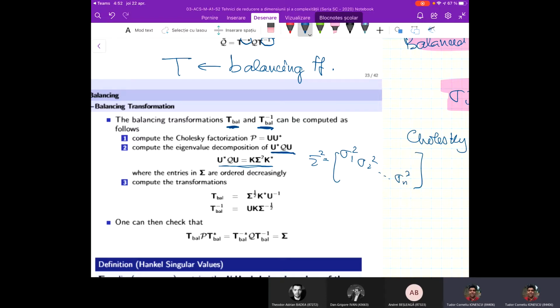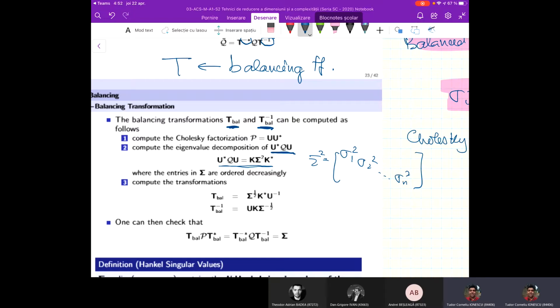So this is a classic eigenvalue decomposition, like diagonalization, for instance. You diagonalize this matrix.